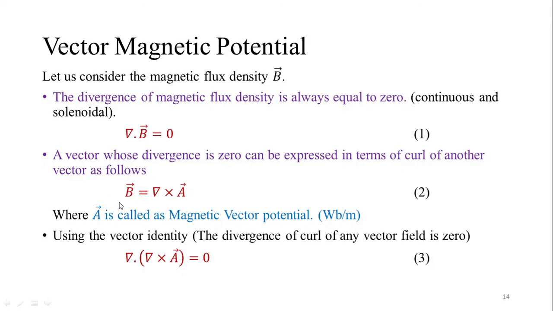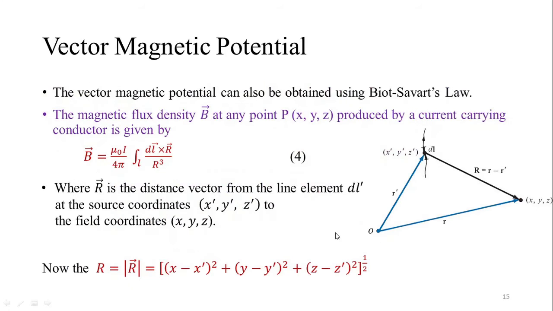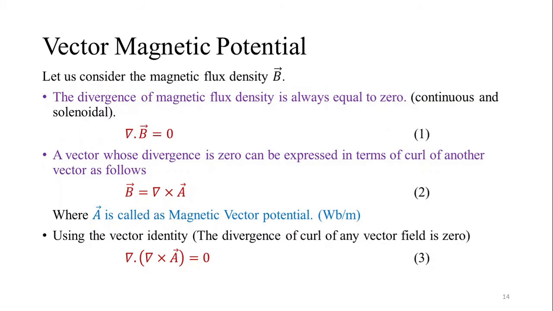Using this property, we can define the flux density B vector is equal to del cross A, where A vector is the magnetic vector potential with a unit webers per meter square. Using the vector identity del dot del cross A is equal to 0, I mean the divergence of the curl of any vector field is 0, we have formulated this equation.